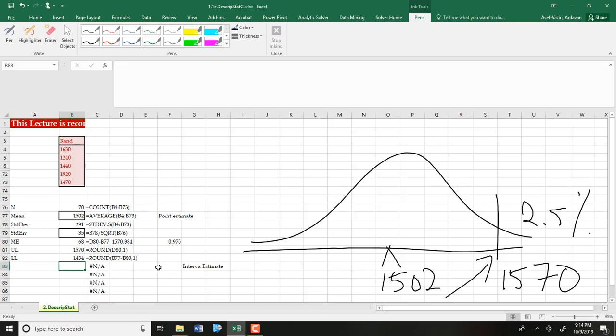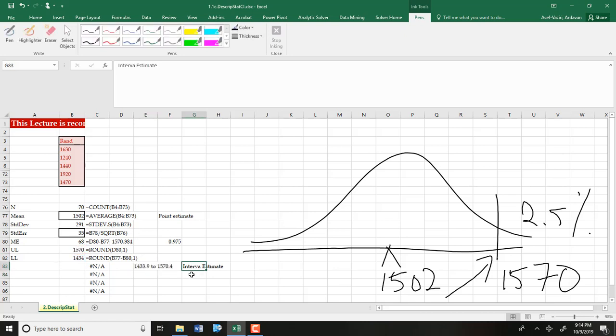So my interval estimate is equal to the lower bound, which is this, and quotation space 2 space quotation and upper bound.